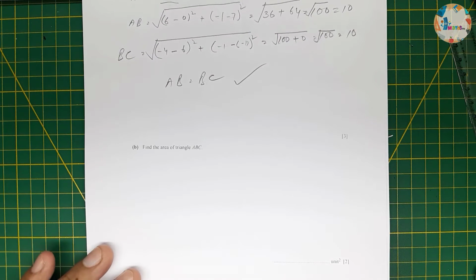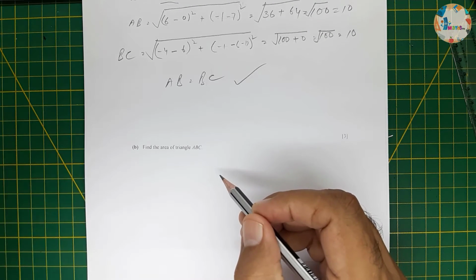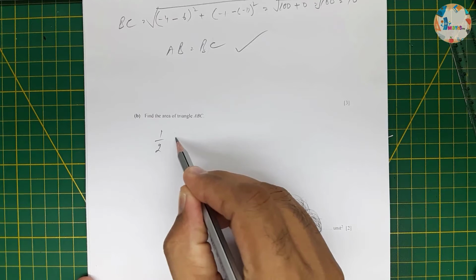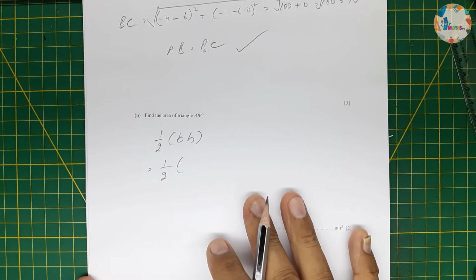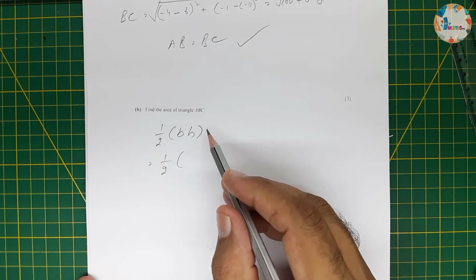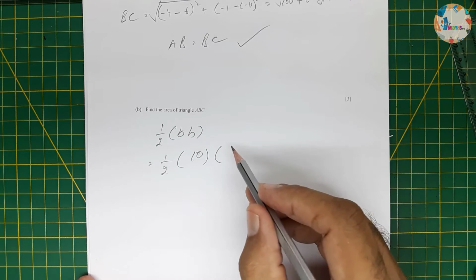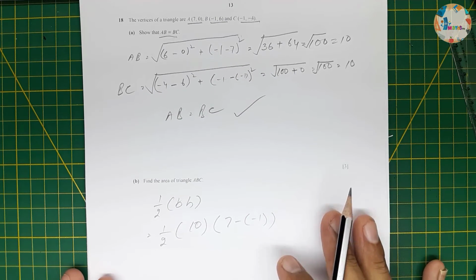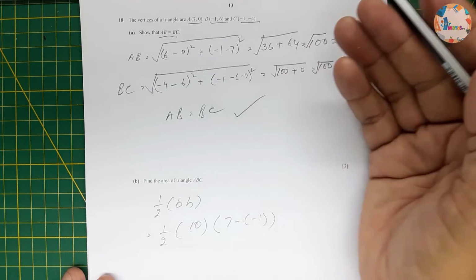For that one, we know AB is equal to BC. So we can apply the formula, 1 by 2 into base into height, and 1 by 2 into base is basically 10. We found that one, so the BC value will be 10, and multiply by 7 minus 1, which is this one, basically CA we have taken.